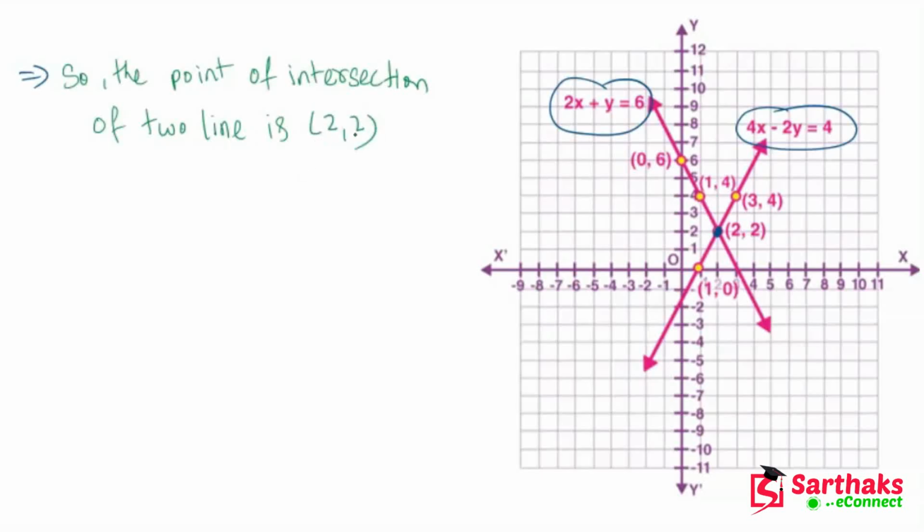So (2, 2) is the solution of this pair of linear equations, which is the solution of these lines. I hope you get this point. Now let's move on.